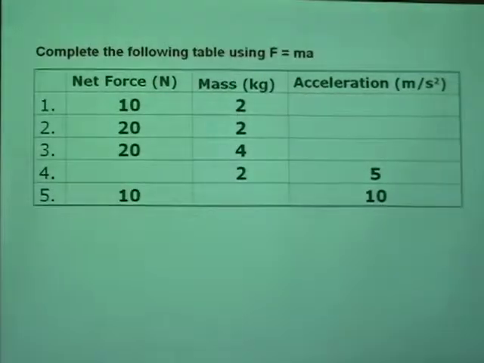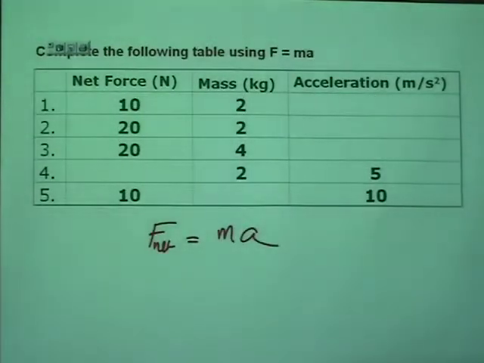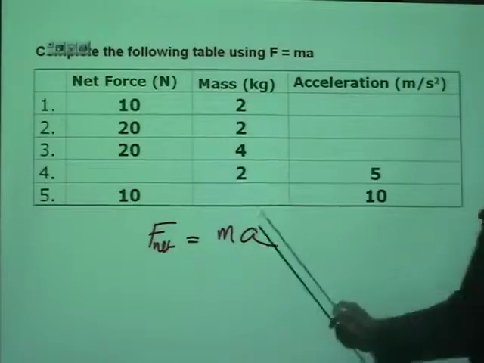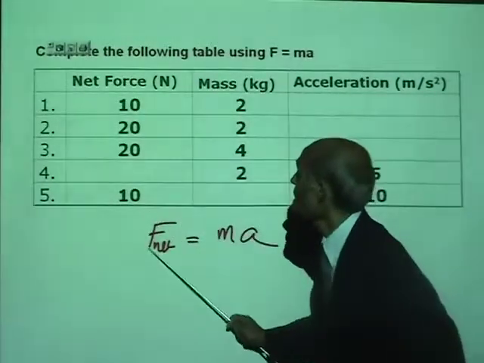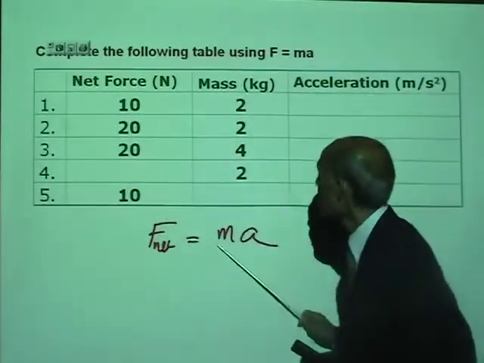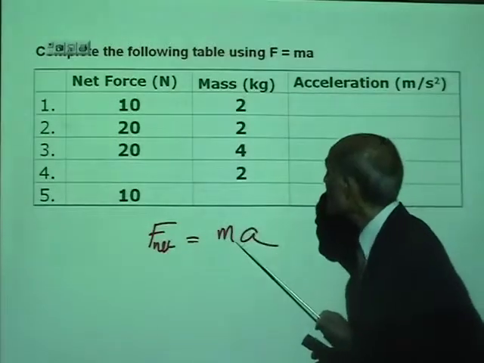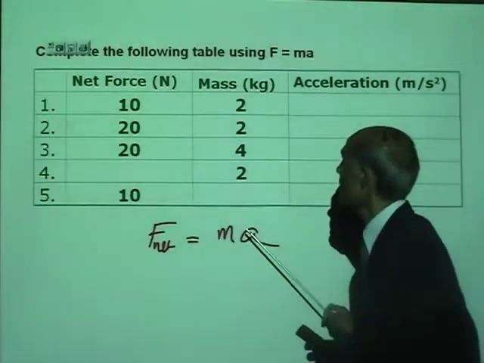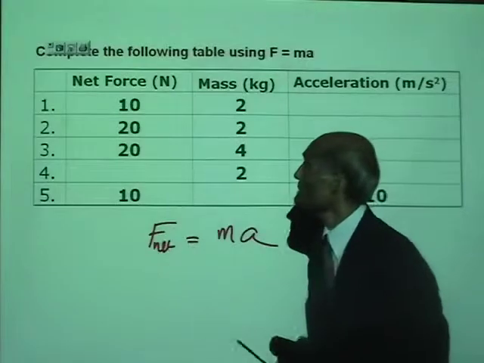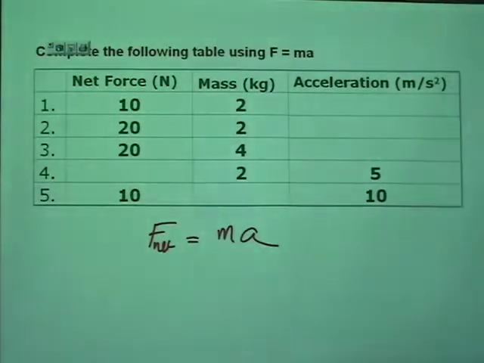Alright? We have, if you look at, what is the equation? Newton's second law equation. F net equal to ma. That's our equation, is that right? And now we know the net force, we know the mass, we need to find the acceleration. So let me write down the known quantity.